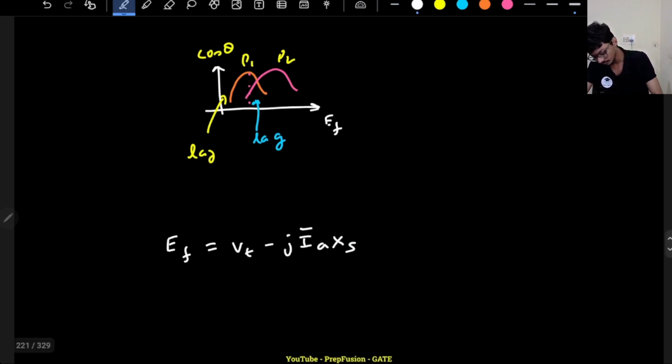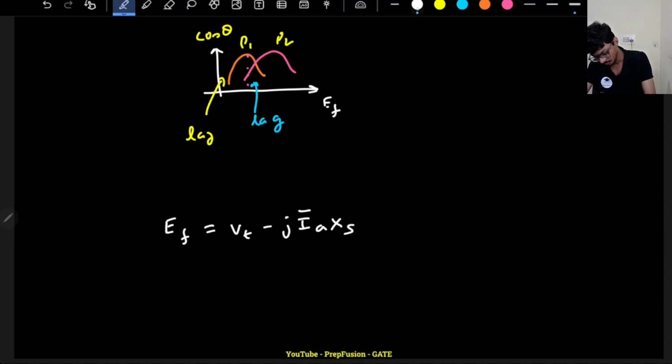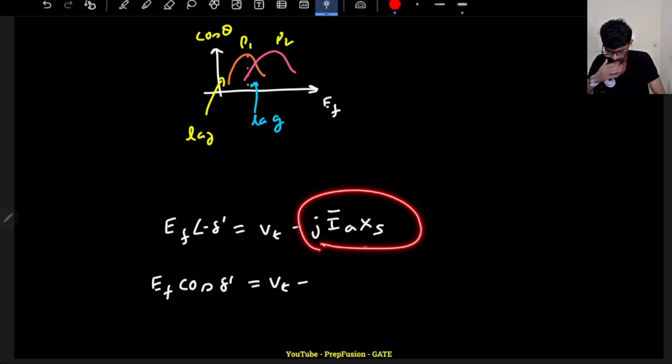So from here we will have two equations. This will be EF angle minus delta dash. The real component will be EF cos delta dash, which will be equal to Vt, which is real only.